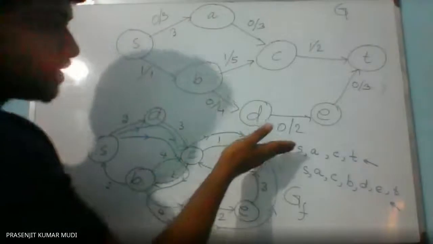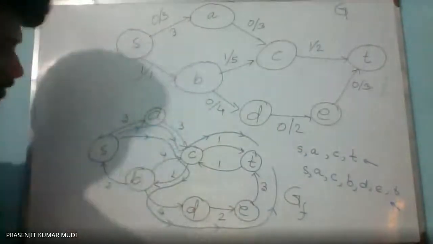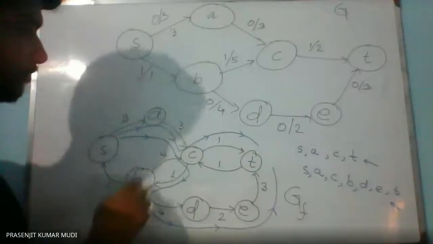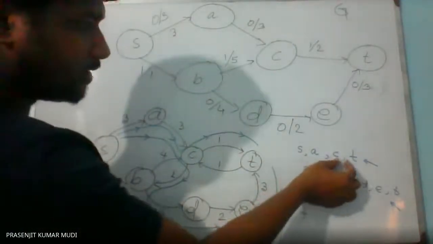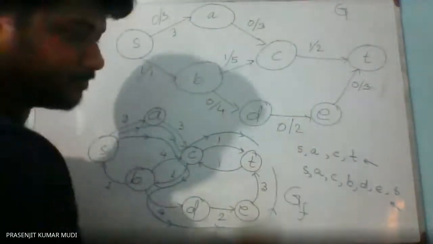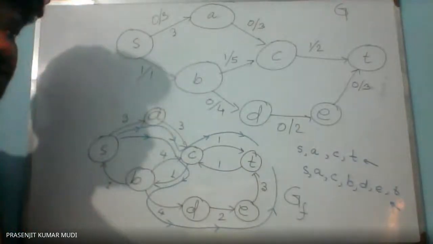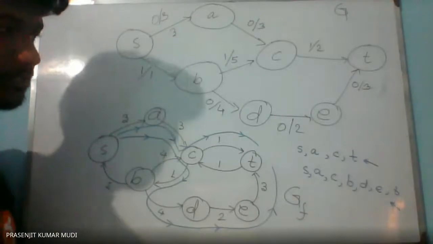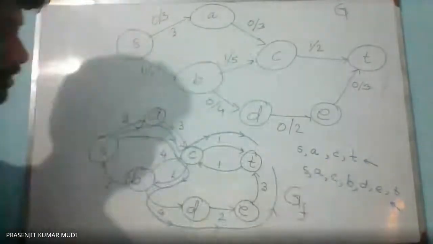Now along this path, the first one, the edges are S to A, then A to C, and then C to T. And what are the capacities of all the edges? Let's consider the first one.